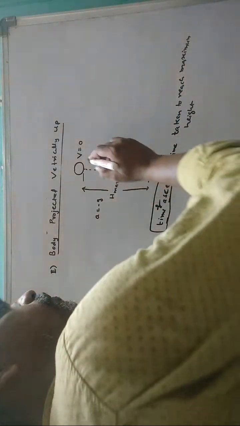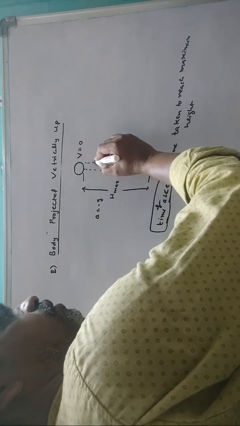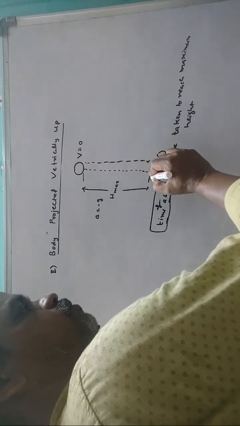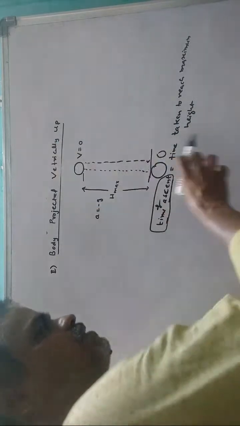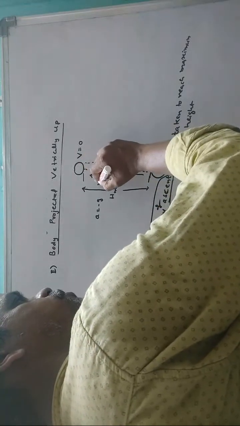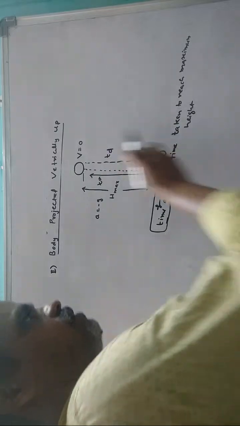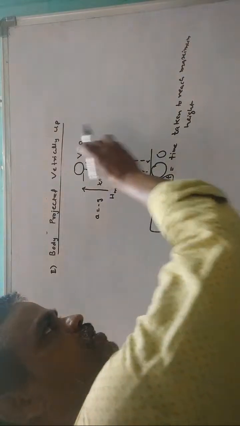Next, after reaching maximum height, the final velocity is 0, then the body falls to the ground. It comes back to the ground. This one is the time of ascent, TA, and this will be the time of descent. It is the time taken by the body to reach the ground.